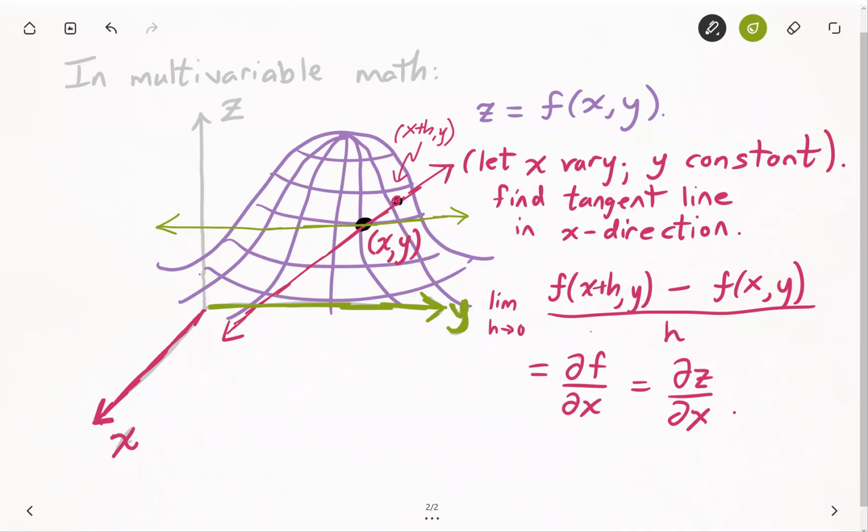So we're going to head back to our virtual whiteboard here. And so our next step is going to be to use partial derivatives to calculate tangent lines.